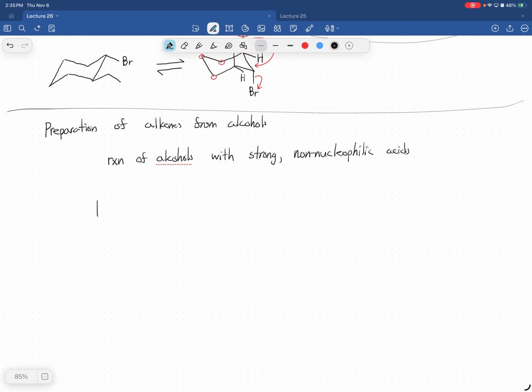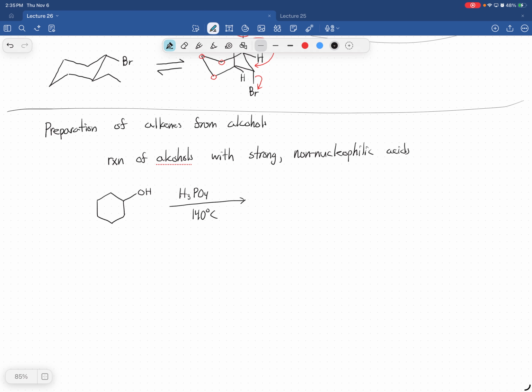These acids are usually phosphoric acid or sulfuric acid. You can't use nitric acid. Nitric acid is too strong. So phosphoric acid, H3PO4, 140 degrees Celsius.